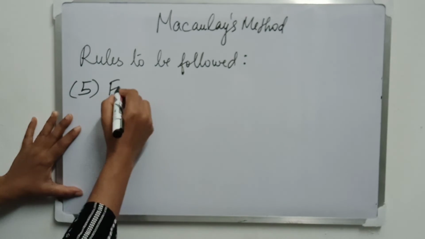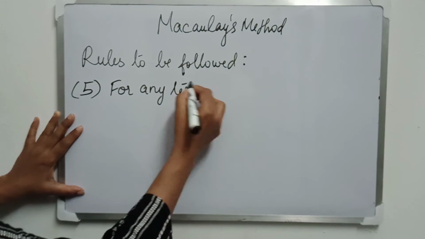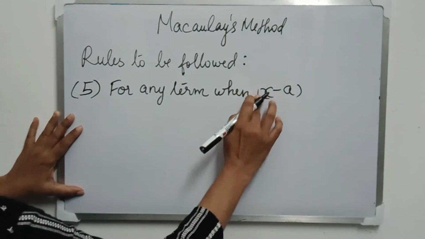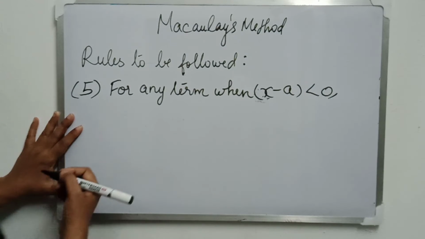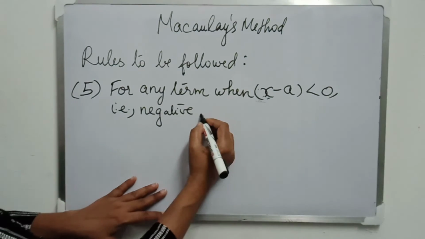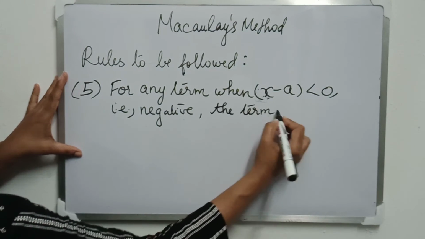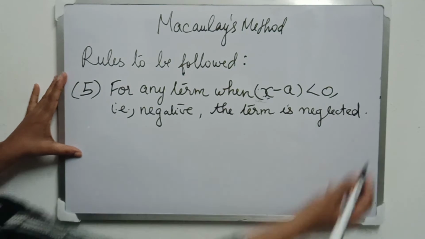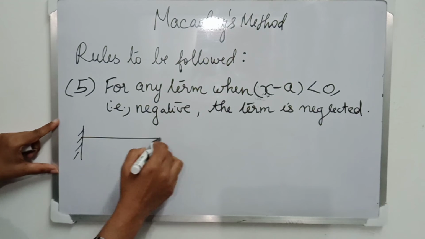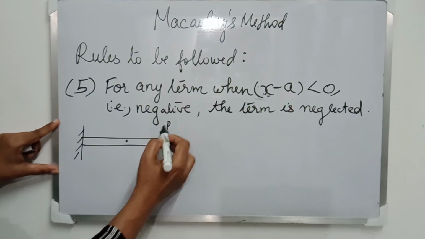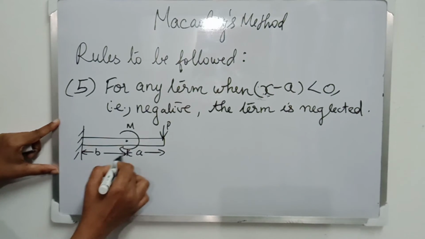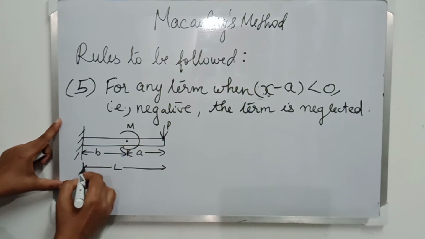It says for any term when x minus a is less than 0, that is when the x minus a term is negative, that term is neglected. Now I will take the example of a cantilever beam. So here I am drawing a cantilever beam with a point load P at its free end and a concentrated moment M at a distance a from the P and b from the fixed end.